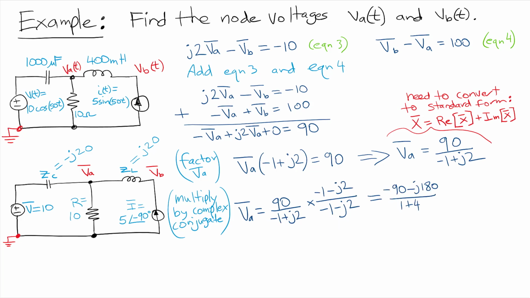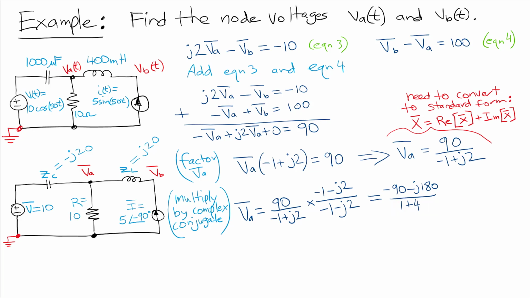So then we multiply it out, and one thing you notice is that we end up here with 1 plus 4, and that's a real number. If you do this operation and end up with an imaginary number in the denominator, then you know you've done something wrong.